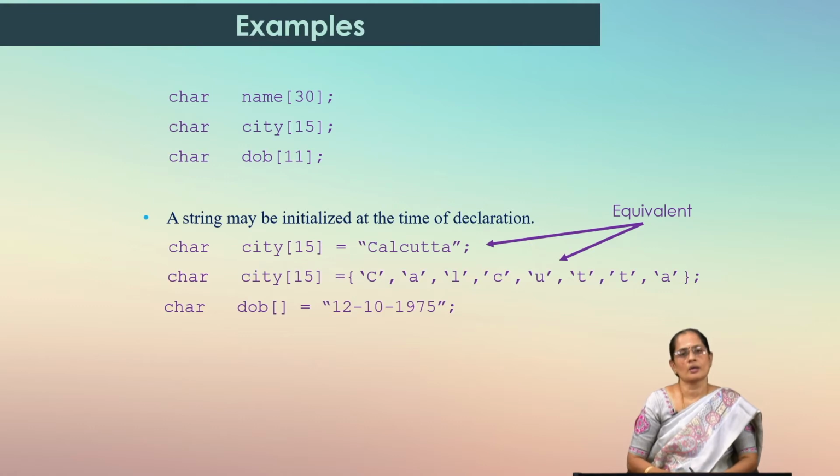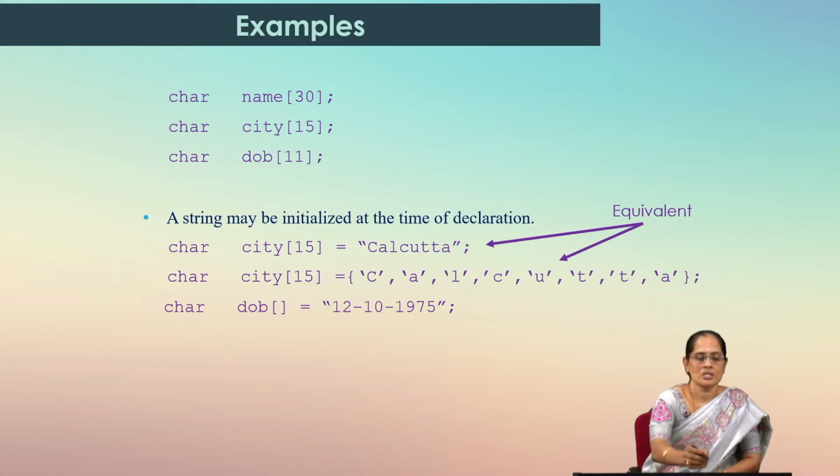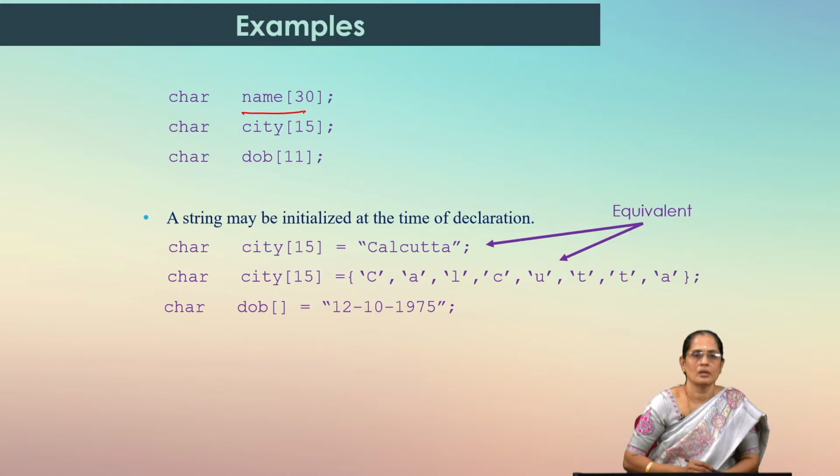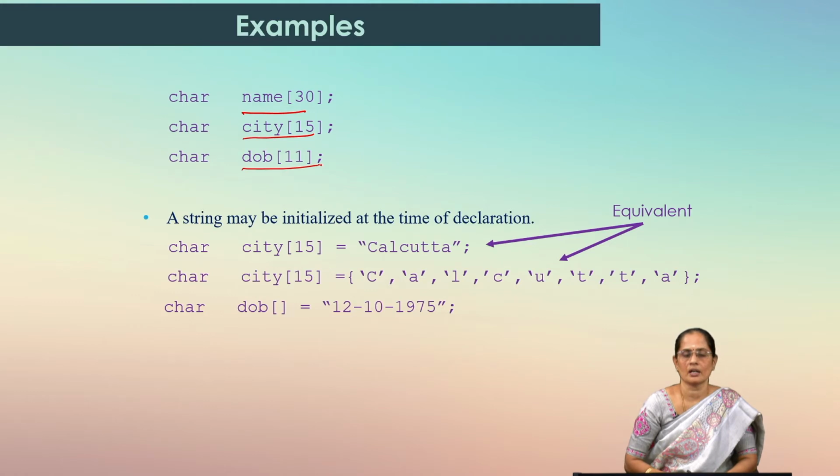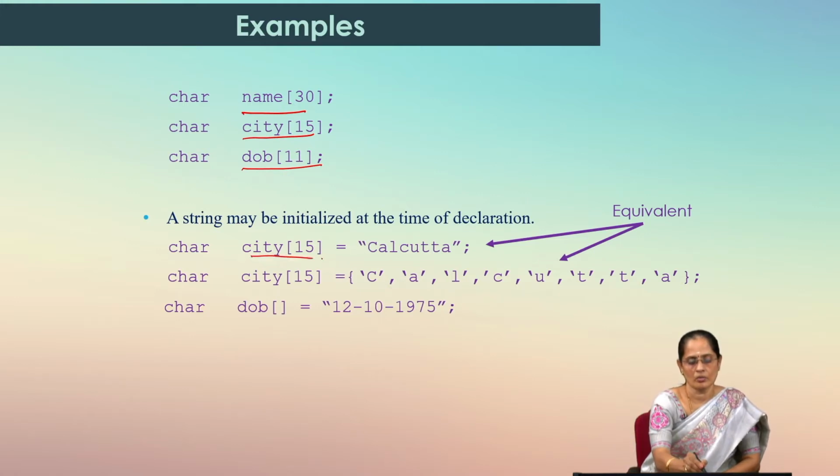Also here we can see some more examples of declaring strings with various sizes. The first string is name with 30 characters, city with 15 characters, DOB, that is date of birth, with 11 characters. The values can be initialized this way: city of 15 equal to Calcutta, enclosed within double quotes.